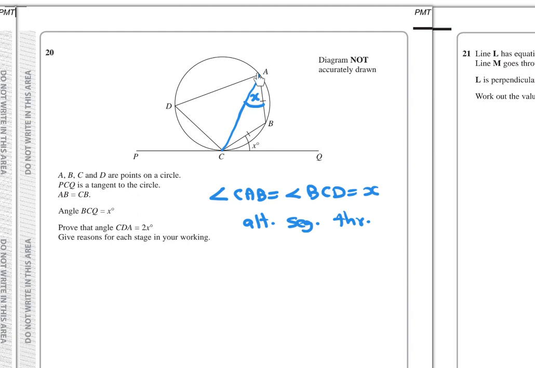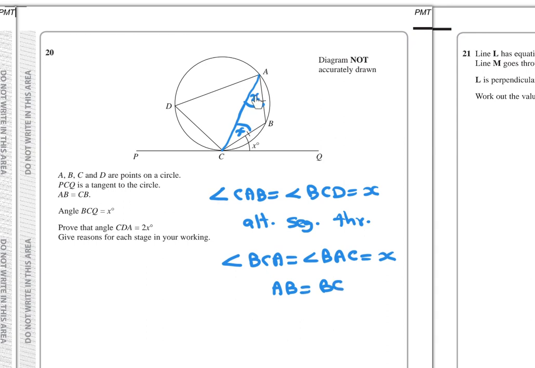And because BA equals BC, isosceles triangle, so this angle equals x. And the angle BCA equals angle BAC equals x, because AB equals BC.